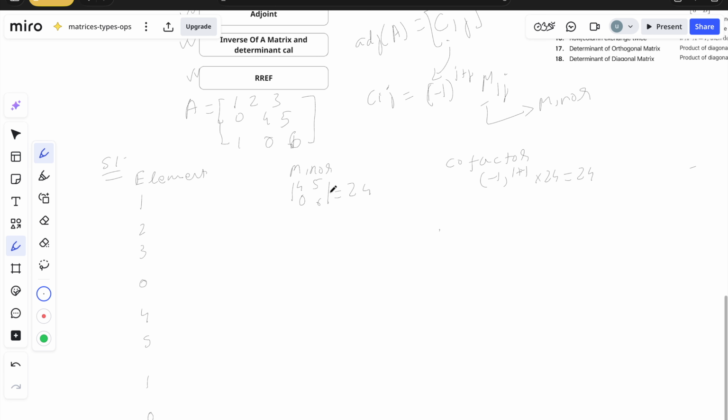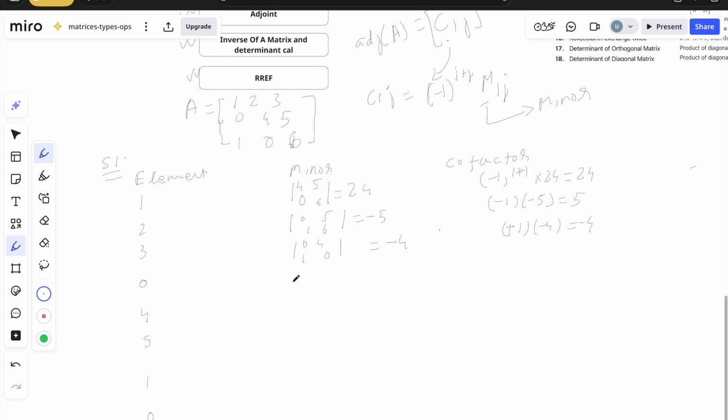Okay, so for 2 it will be 0, 5, 1, 6, which is equal to minus 5. What will be the cofactor? Minus 1 times minus 5 is equal to 5. For 3 it will be 0, 4, 1, 0, which is equal to minus 4, and the sign is again plus, so the cofactor is minus 4.